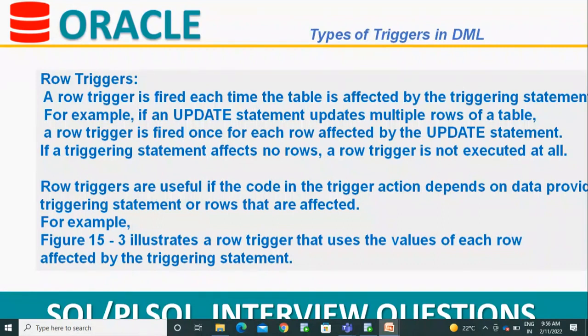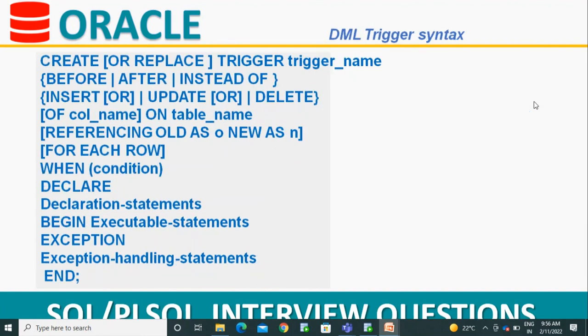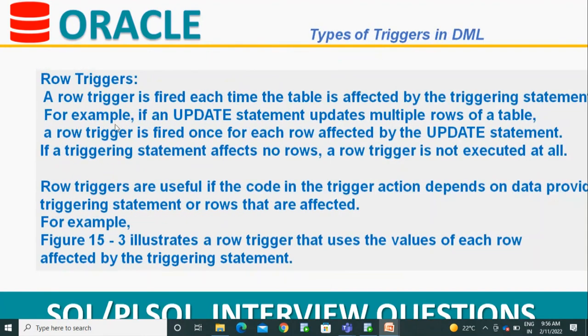A row trigger is fired each time the table is affected by the triggering statement. For example, if an update statement updates multiple rows of a table, a row trigger is fired once for each row affected by the update statement.